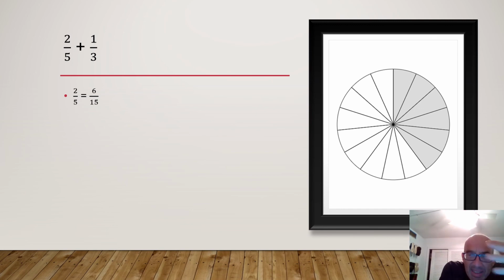It's a lot of slices, a lot of spokes. If we count them, it's 15. If I count the shaded, it's 6. So now that I've finished my problem, it's a lot easier to see that they were trying to represent 2/5 as an equivalent fraction of 6/15.